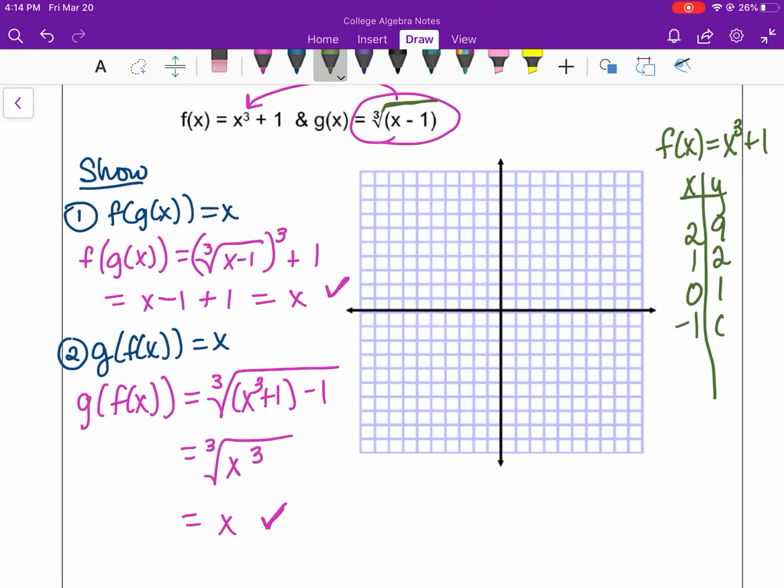Negative 1 would be 0, and negative 2 would be negative 8 plus 1, so negative 7. I'm going to go ahead and graph those points. Okay, so we can see f of x here in green.